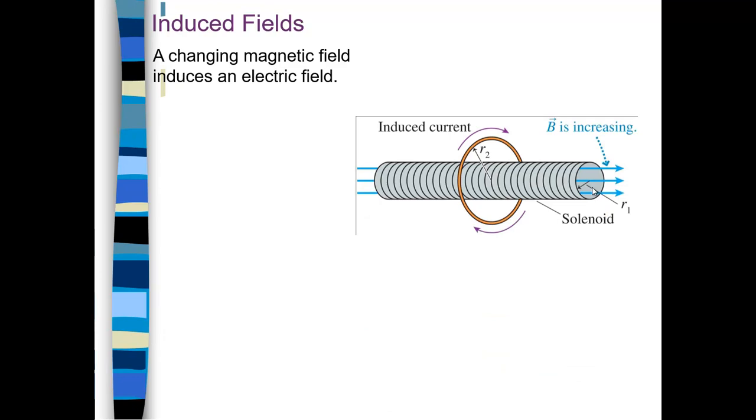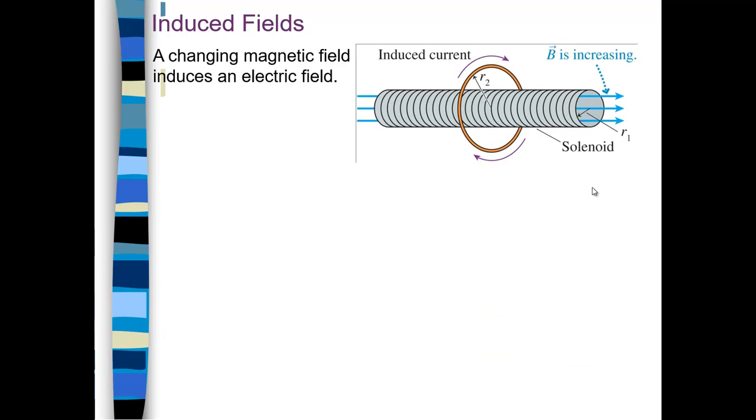In terms of induced fields, a changing magnetic field will induce an electric field and vice versa. If I have a magnetic field going through a solenoid or something like this, and the magnetic field is increasing, then that will induce a current in this loop without any type of battery source.